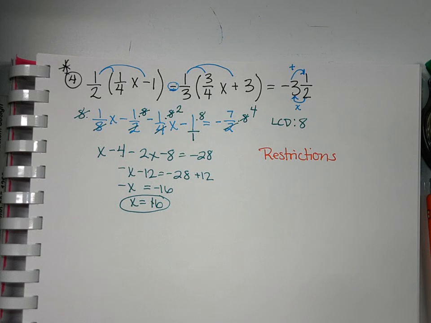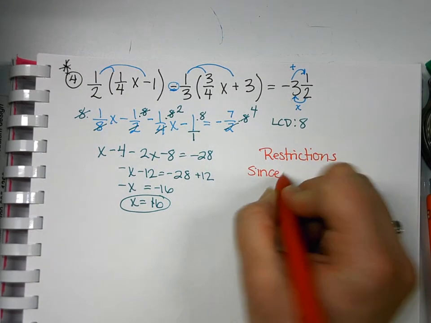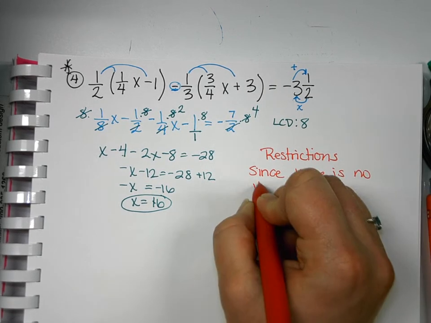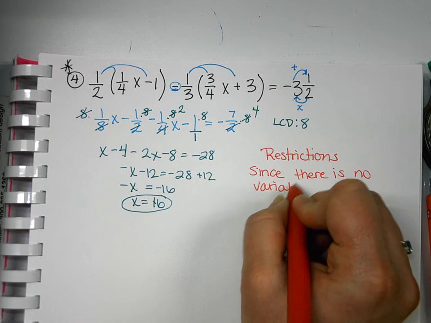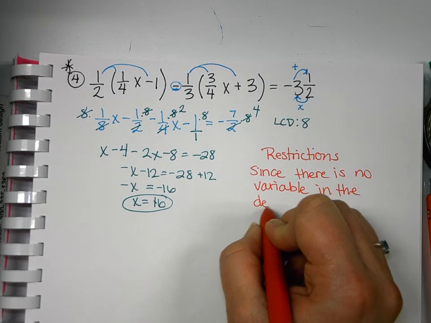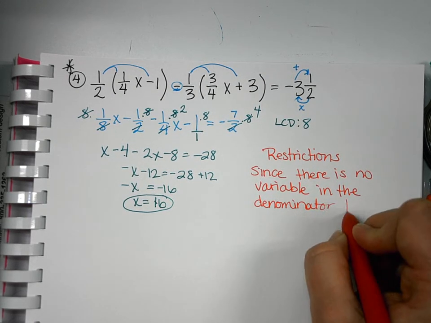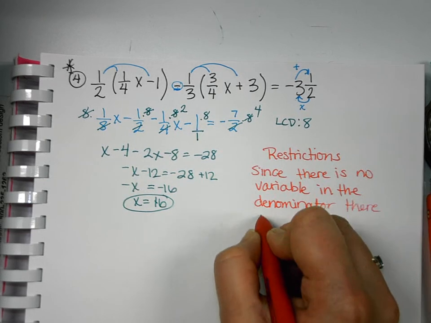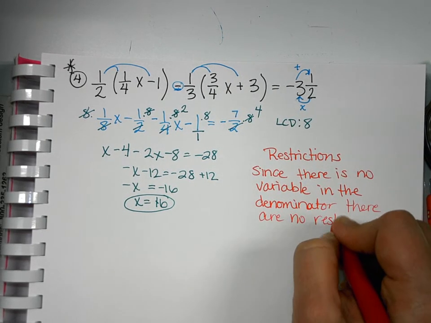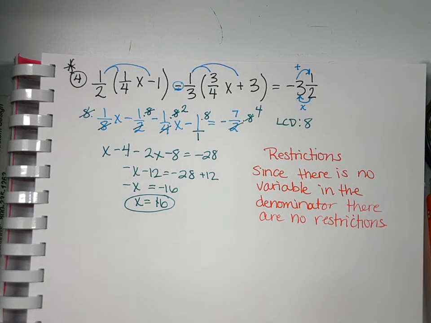So since there is no variable in the denominator, there are no restrictions. So you can leave your answer at just 16.